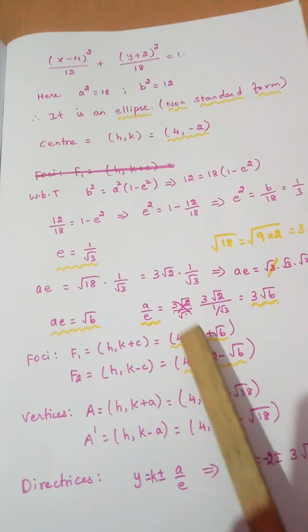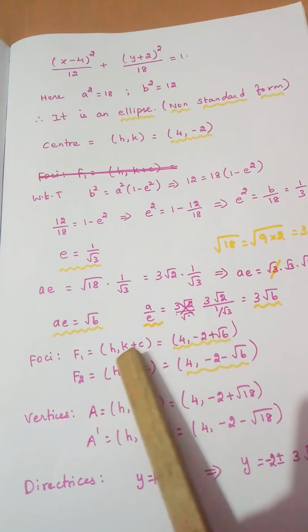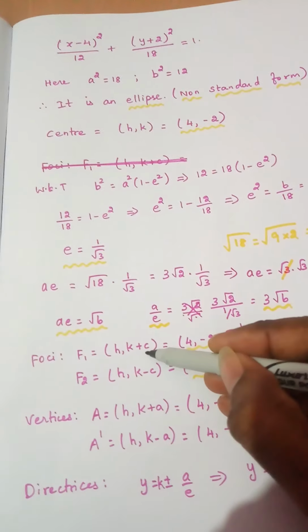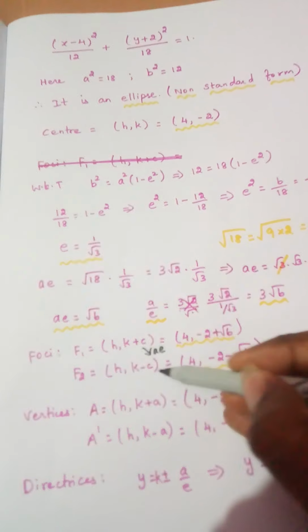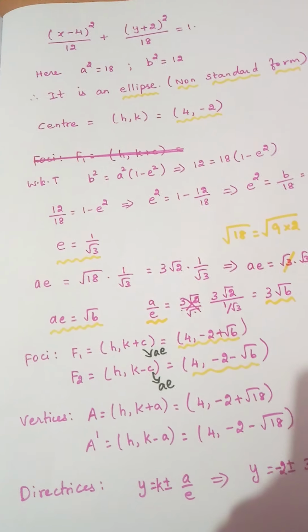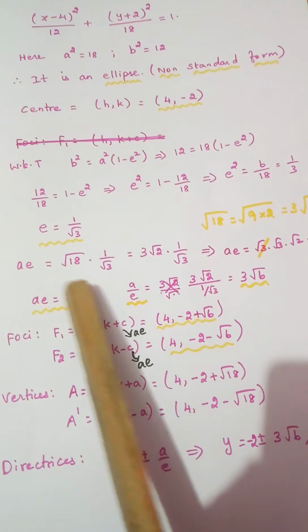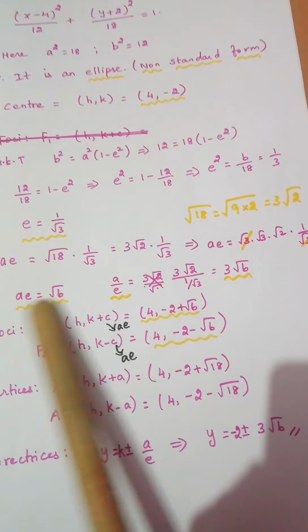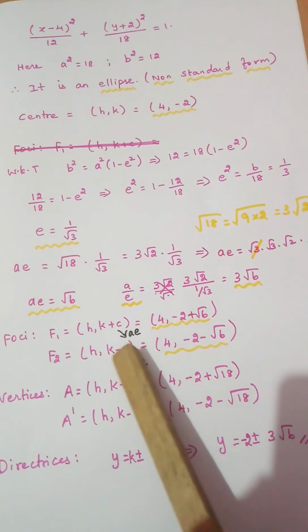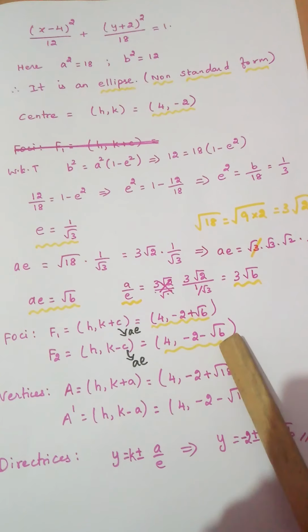So H means 4, K means minus 2. Plus C means what? Many times I told you, C means AE. What is the AE value? We found it as root 6. So minus 2 plus root 6, and K minus C means minus 2 minus root 6.